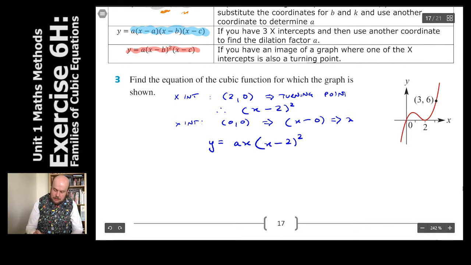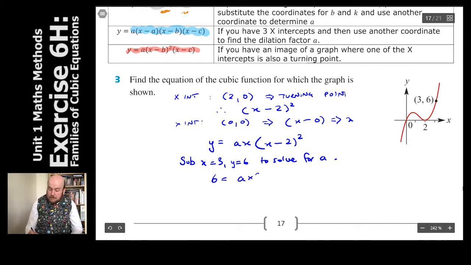So substitute x equals 3, y equals 6 to solve for a. So 6 is equal to a times 3 times 3 minus 2 squared. So that's going to be 3 minus 2 is 1, 1 squared is, well, 1.